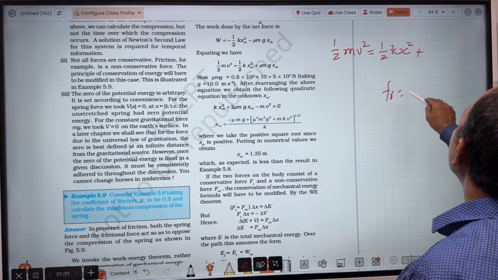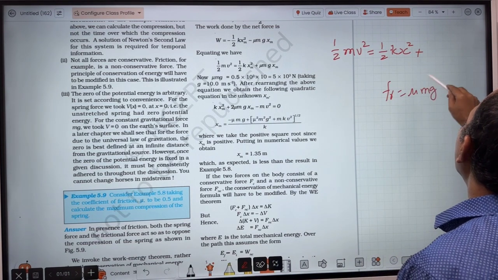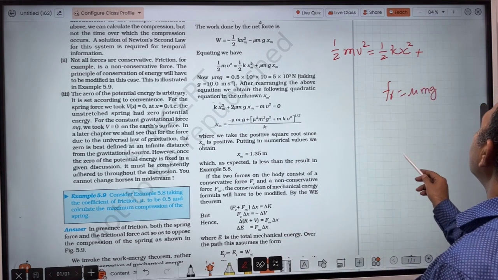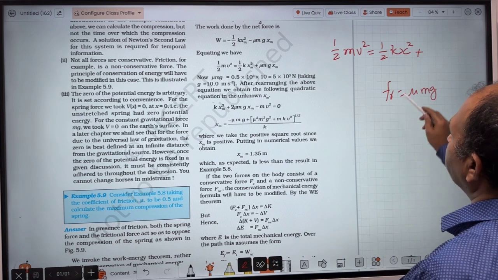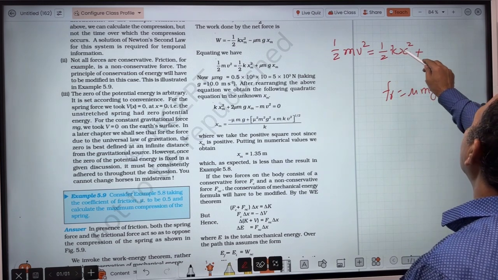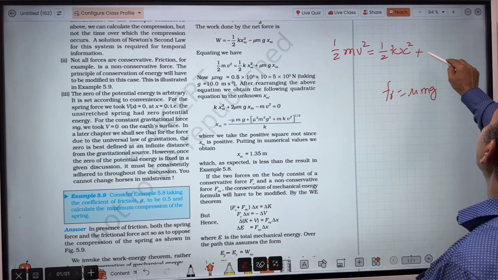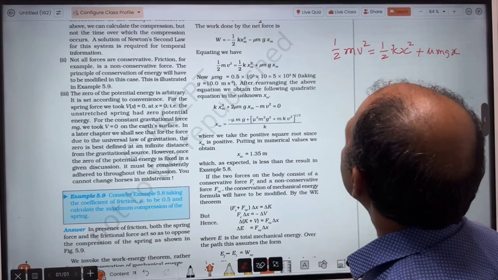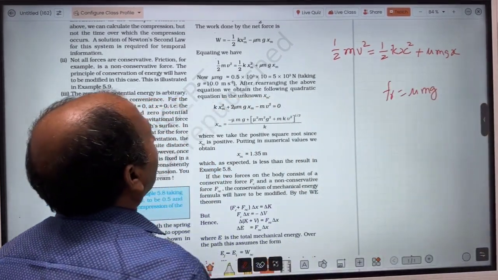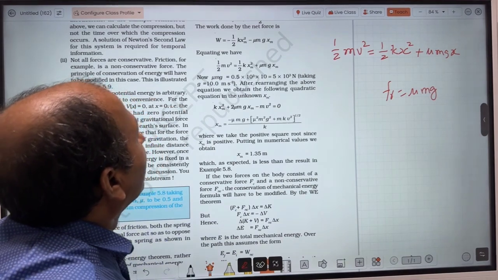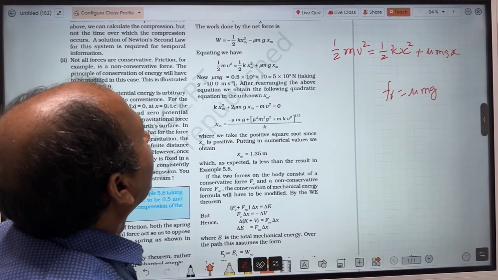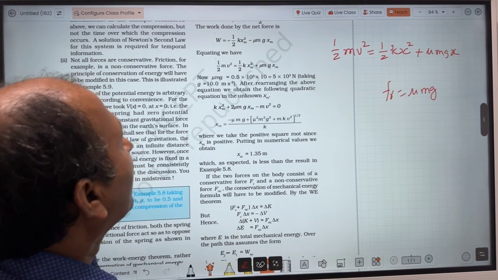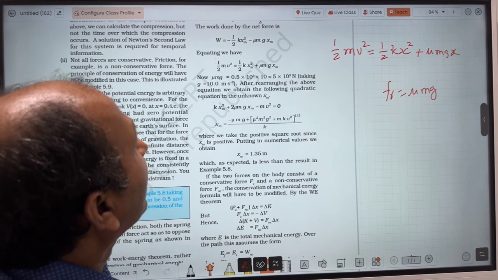Frictional force is given by mu mg, and here the distance through which the mass has moved, meaning the compression or extension, is taken as x, so it will become mu mg x. So this is kinetic energy, and the values are given. M is given, and other information is given in your question, and your question is to get x.